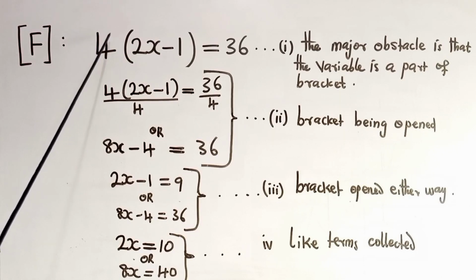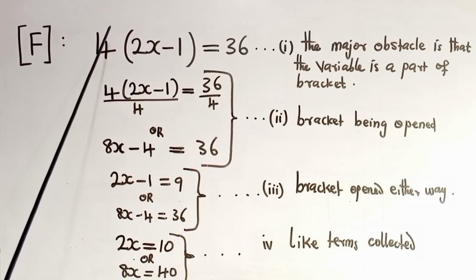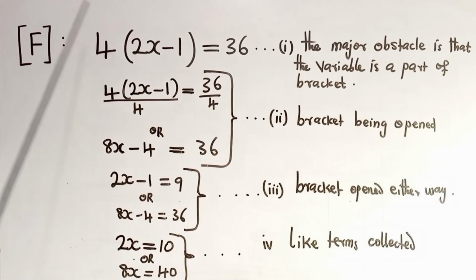Therefore, 4 is the coefficient of this bracket which we are seeing here. Something has to happen to make this coefficient become 1. There are 2 ways of doing that. Don't forget that when I say that there is a way of doing something, that thing has been tested. It was tested and it was discovered that there are 2 ways of making the coefficient of a bracket become 1.